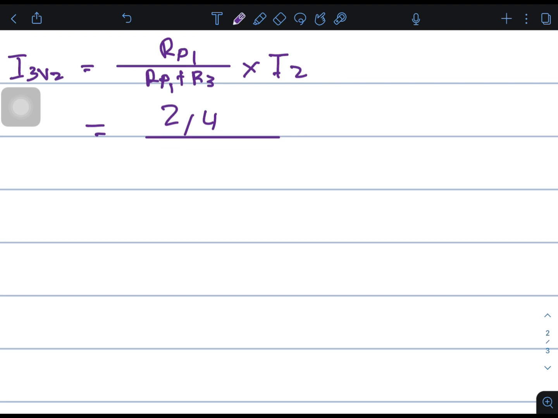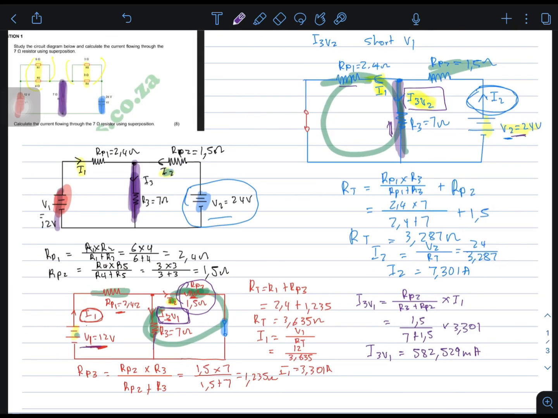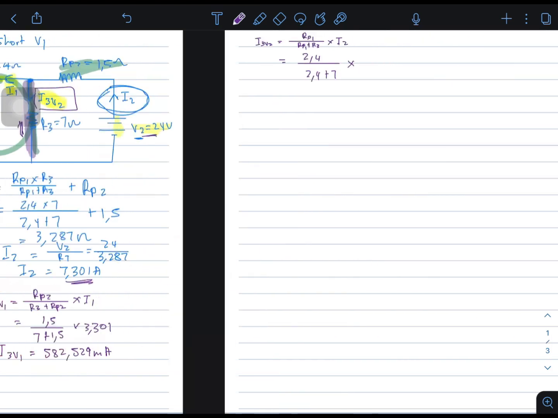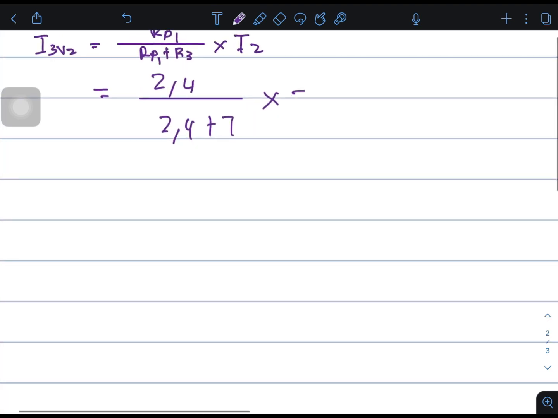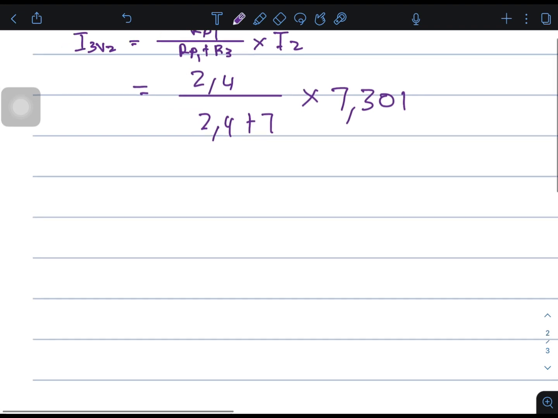2.4 over 2.4 plus 7, times what is I2? I2 just calculated is 7.301. Okay, we find I3 V2.